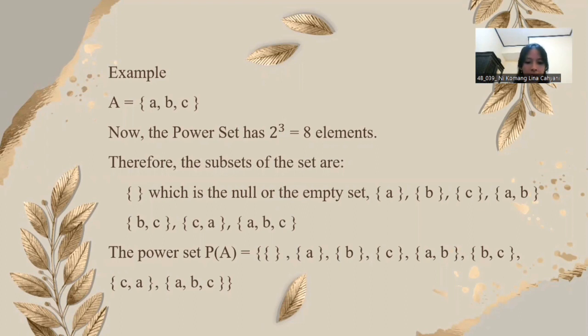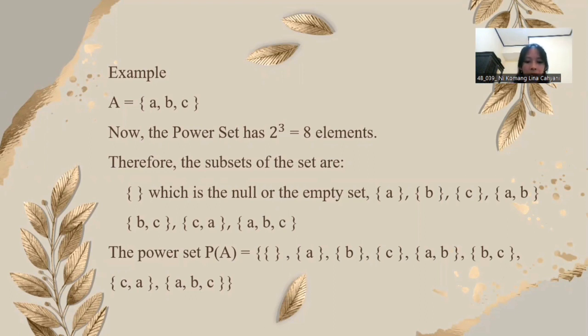That means the total possible subsets of set A will be 2 to the power 3, that is 8.